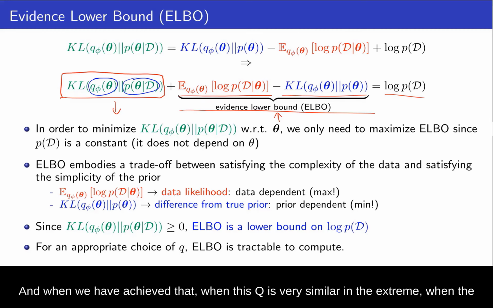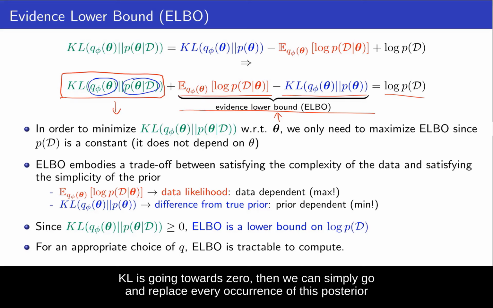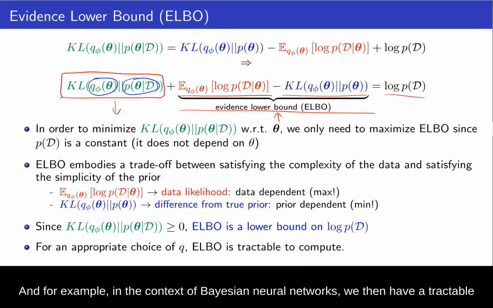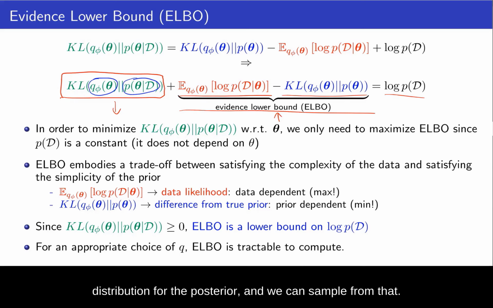And when we have achieved that, in the extreme when the KL is going towards 0, then we can simply go and replace every occurrence of this posterior by our simple variational distribution Q. For example, in the context of Bayesian neural networks, we then have a tractable distribution for the posterior, and we can sample from that.